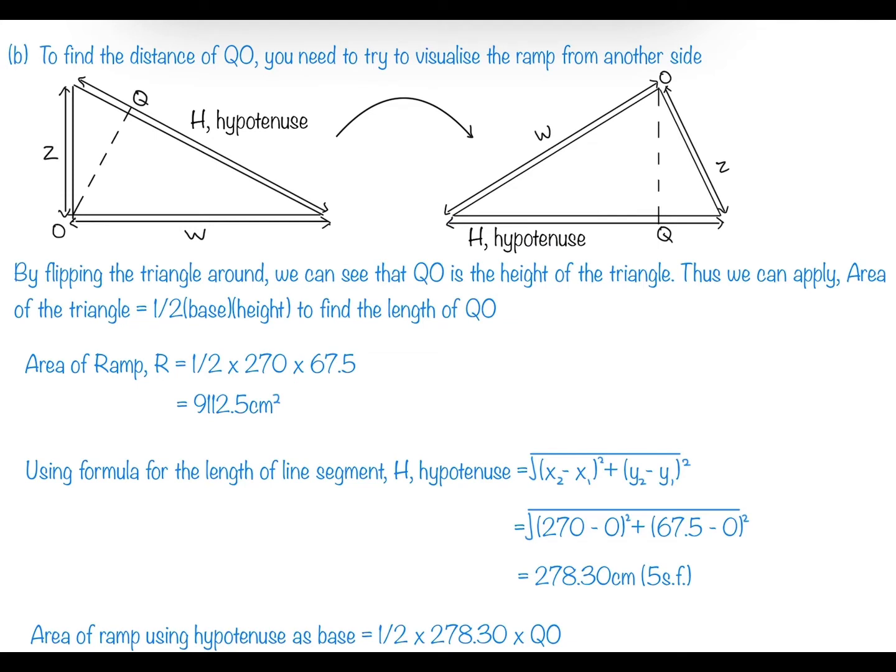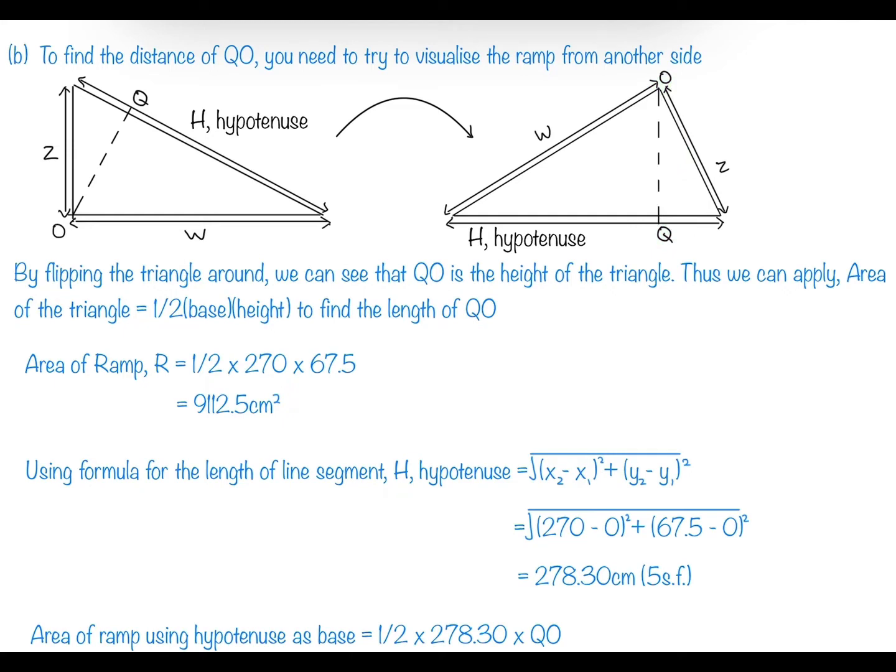What we are doing here is basically changing our perspective, and once we flip it around, we will actually see that QO over here is the height of the triangle, since this part over here is right angled.